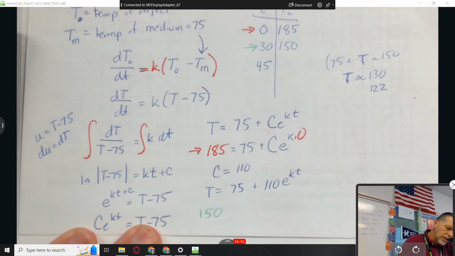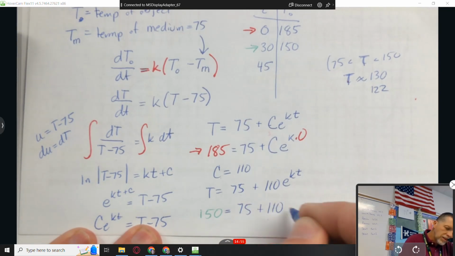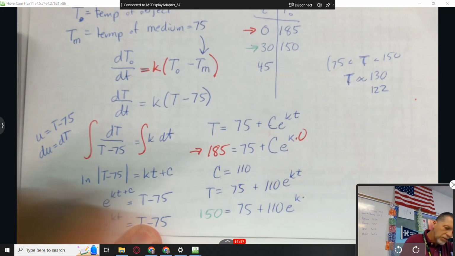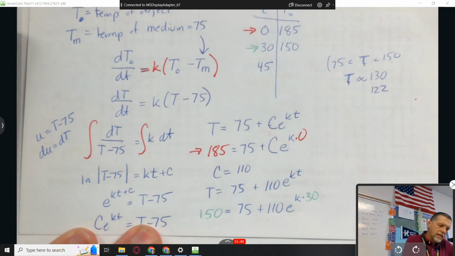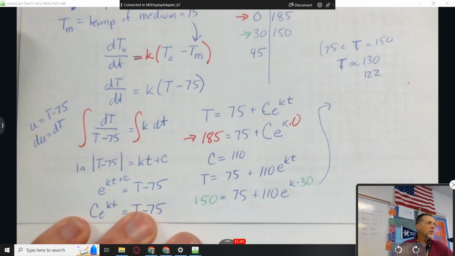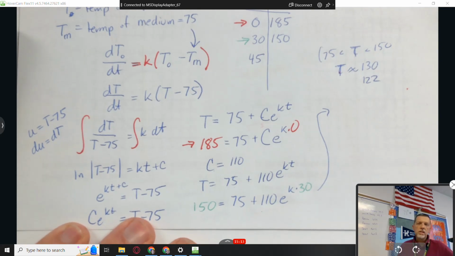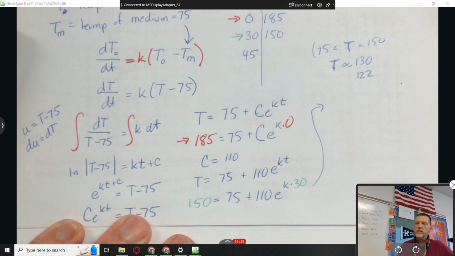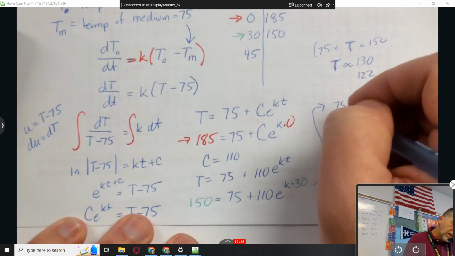After 30 minutes, 75 plus 110 e to the k times 30. I'm solving for K. Subtract the 75.